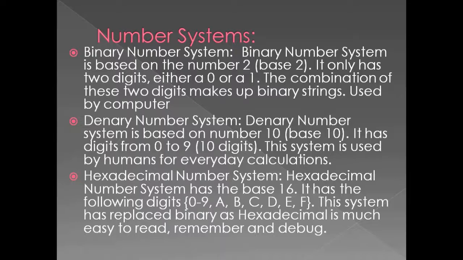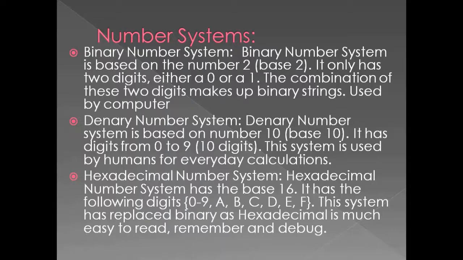The binary number system is based on the number 2, or you can say it has the base 2. It only has 2 digits, either a 1 or a 0, because a computer or a processor cannot understand anything else. The combination of these 2 digits make up binary strings, and it is strictly used by computers. It is very difficult for humans to remember, read and write.